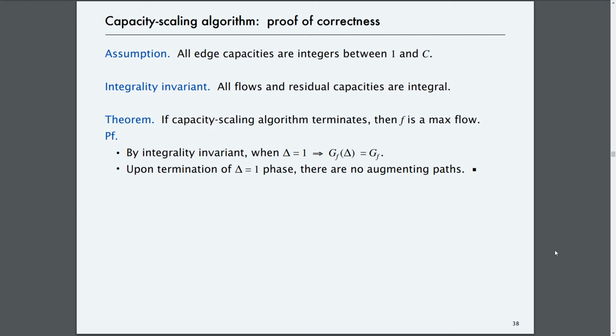We stop when delta goes past 1. So by the integrality invariant, when delta is equal to 1, the residual graph with the scaling parameter delta is equal to the original residual graph. And after that phase terminates, there are no augmenting paths.